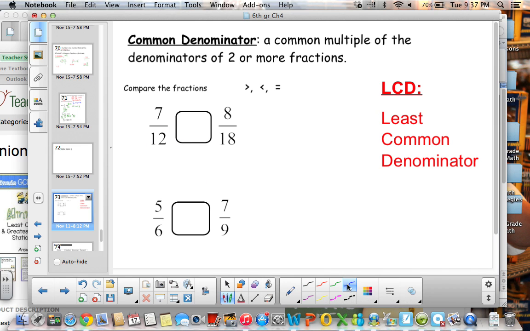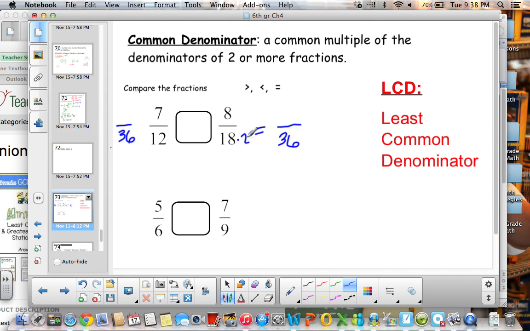But that's kind of a big number to multiply, and I know that they both can be converted to 36ths on the bottom. So I'm just going to rewrite it on the sides like this. I know that 18 times 2 equals 36.